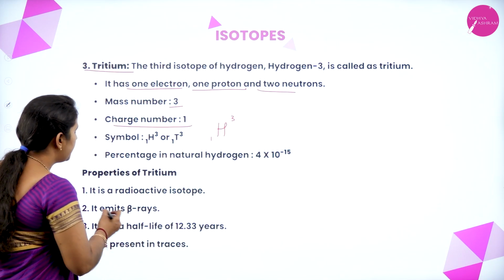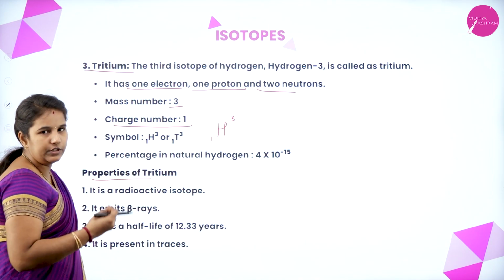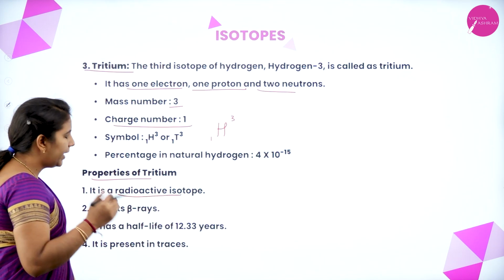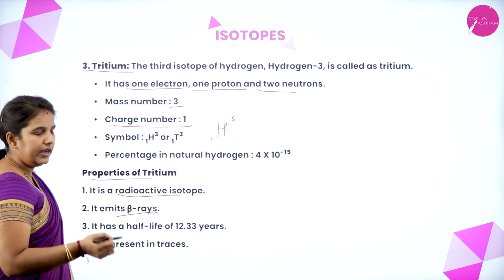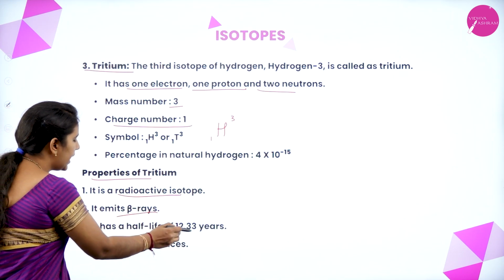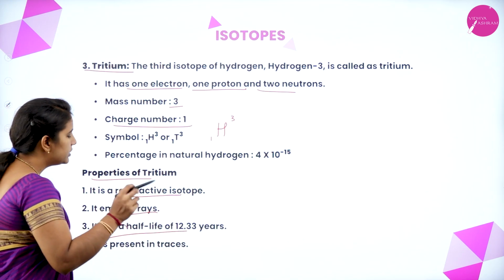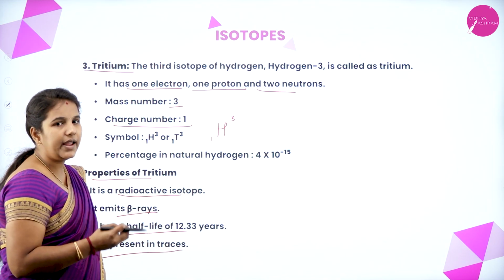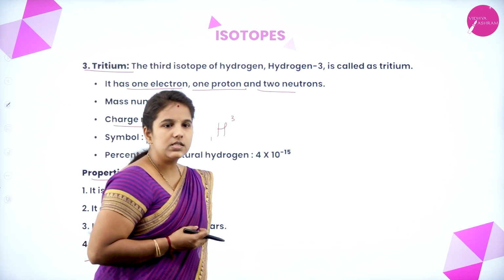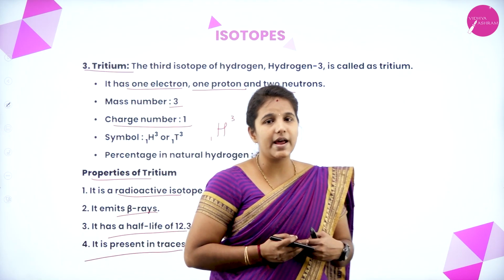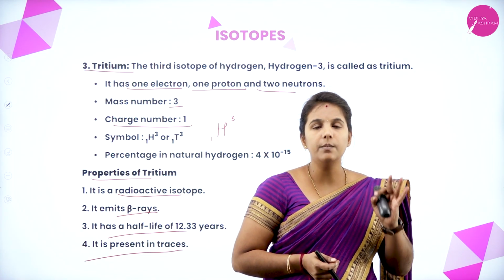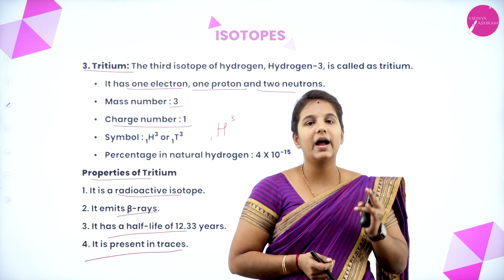Tritium is radioactive in nature and exhibits beta radiation, with a half-life of 12.33 years, and it is present in very trace quantities. This is how we can easily understand the isotopes of hydrogen: protium, deuterium and tritium.